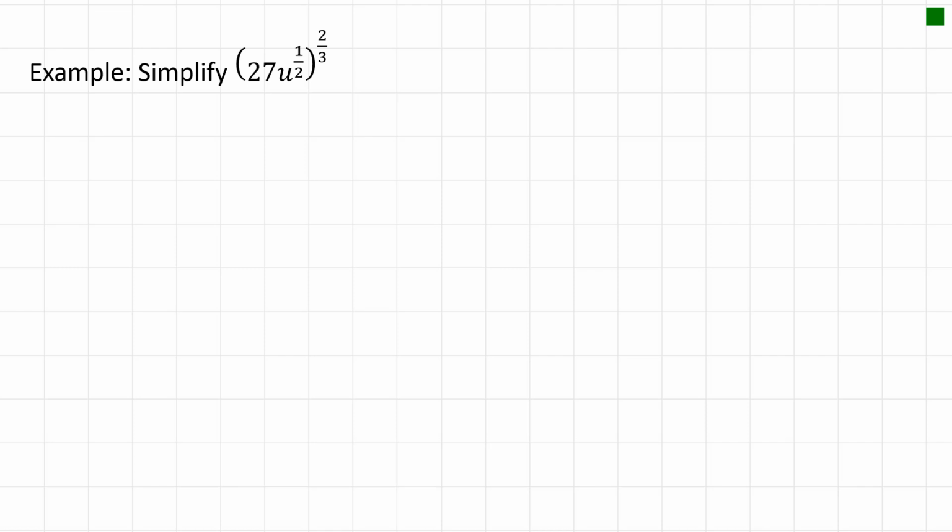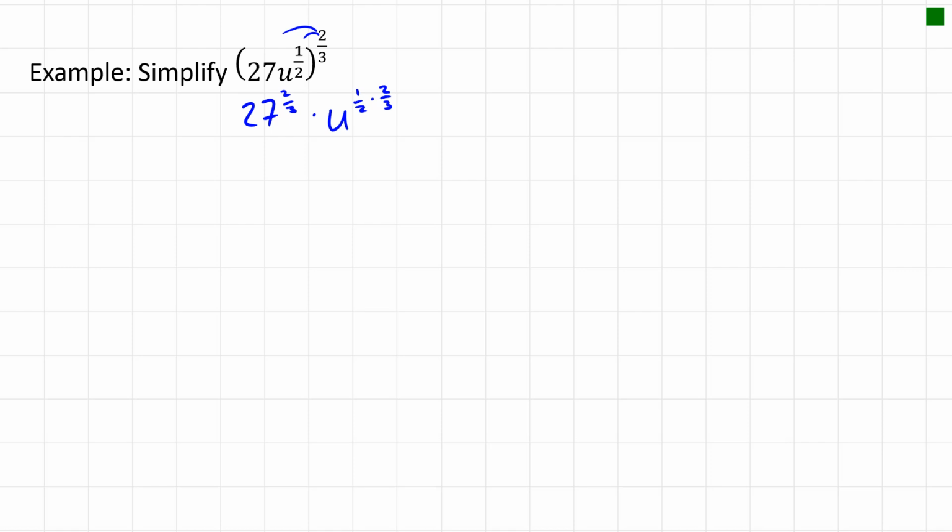In this example, we have a number involved, but the exponent rule is the same. We have to apply it to each item in the brackets. So we have 27 to the power of 2/3 times u to the 1/2 to the power of 2/3, which is times 2/3 in the exponents. So 27 to the 2/3, how do I simplify that?